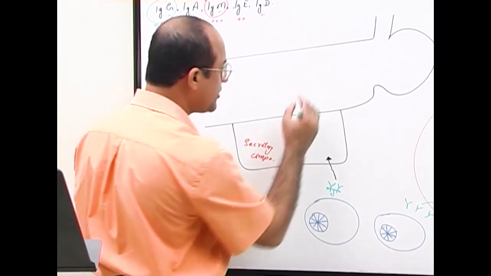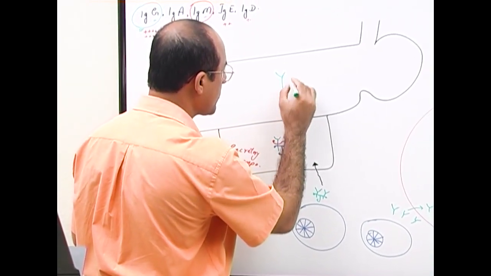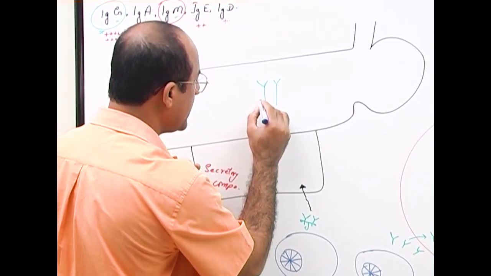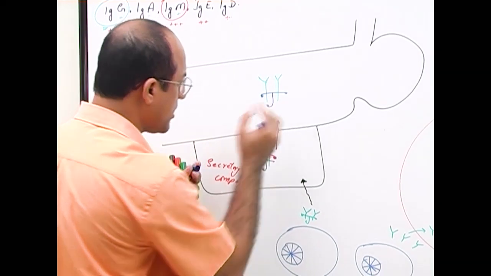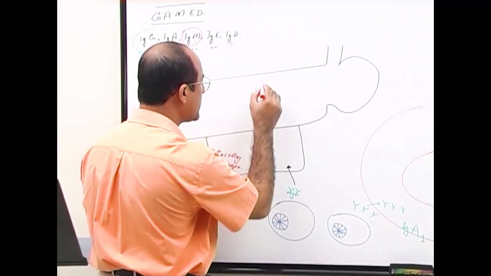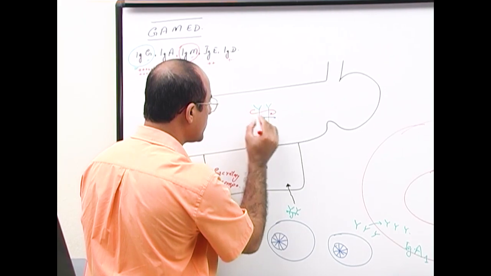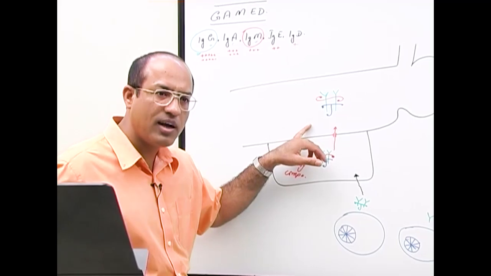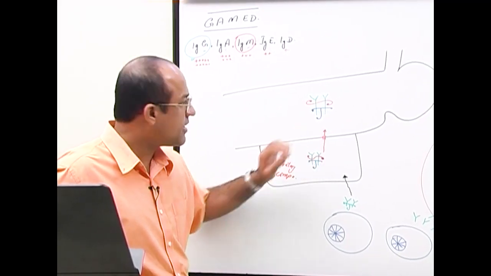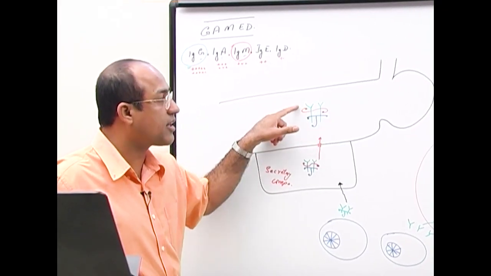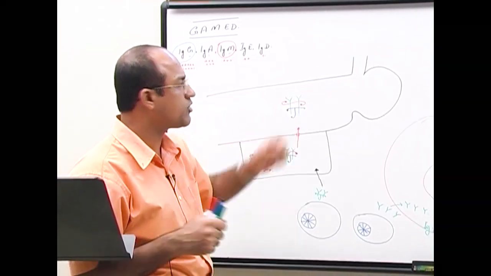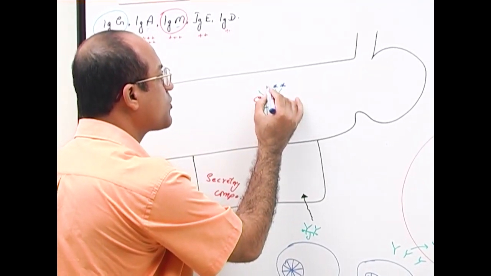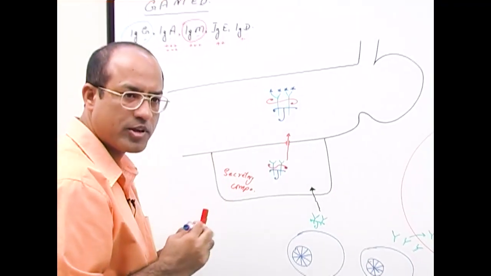So eventually this dimer of IgA, with the joining chain and the secretory component, the whole complex is secreted on the mucosal lining, right? These IgA are very good molecules because whenever virus or bacteria come, they will bind here, and then of course they cannot invade the mucosa.